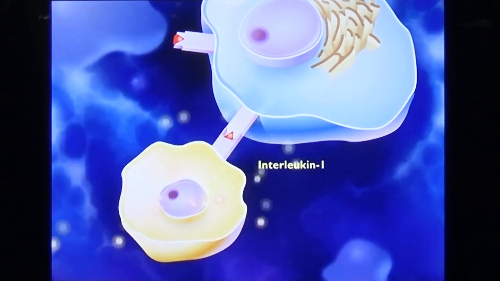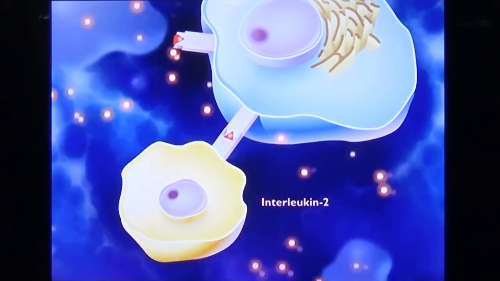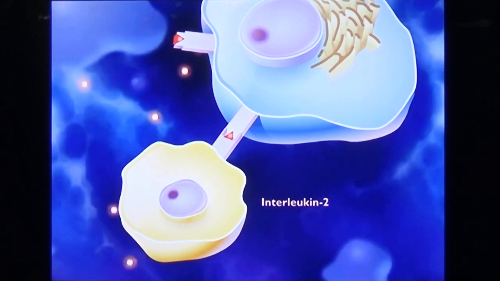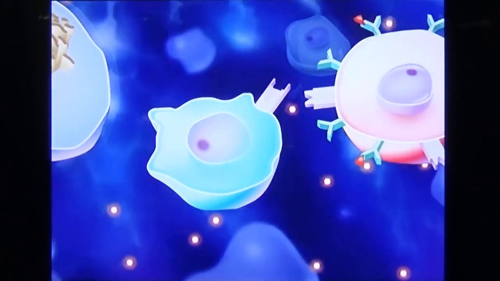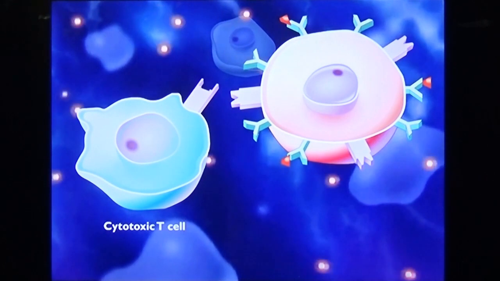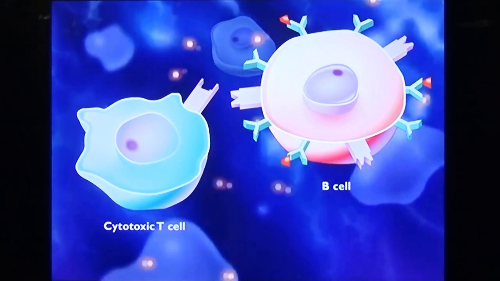This interleukin 1 in turn helps in secreting interleukin 2. This causes the proliferation of certain cytotoxic T cells and B cells.